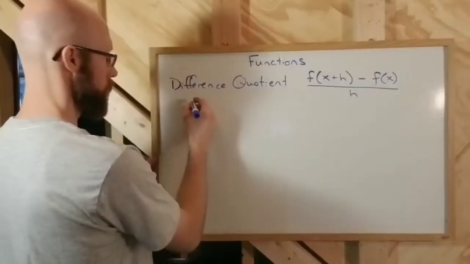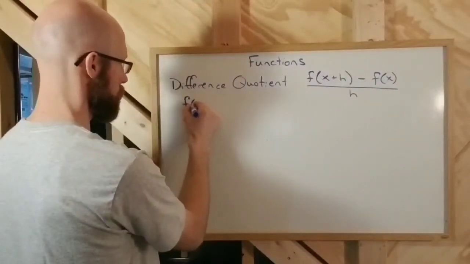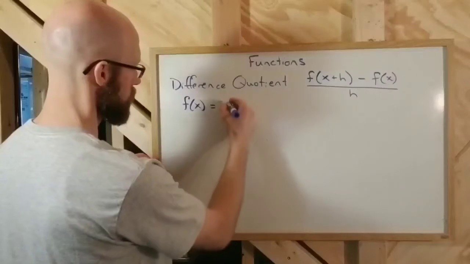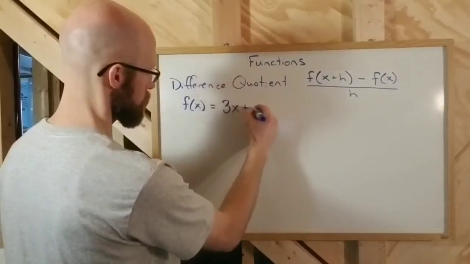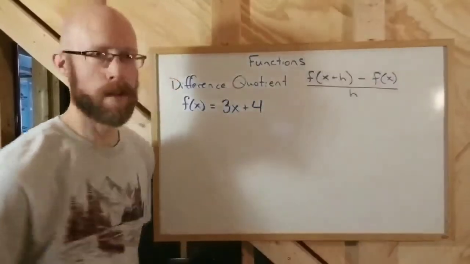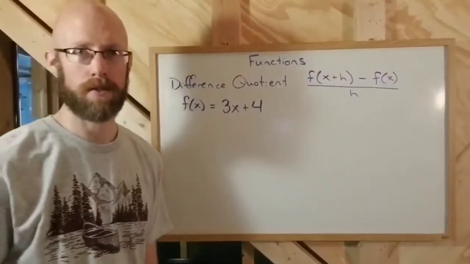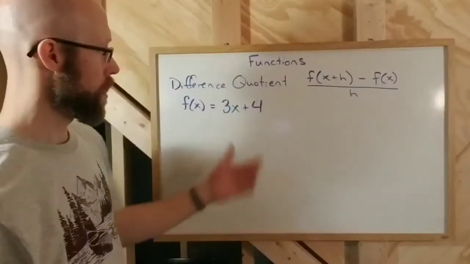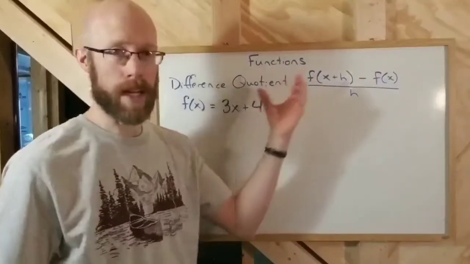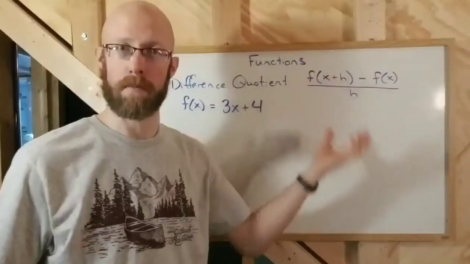So let's take a function. We'll do a couple examples, but let's make one that's not too bad. Maybe 3x plus 4. Just a linear function, not too crazy. In order to find the difference quotient, I need to find all the parts and then combine them.